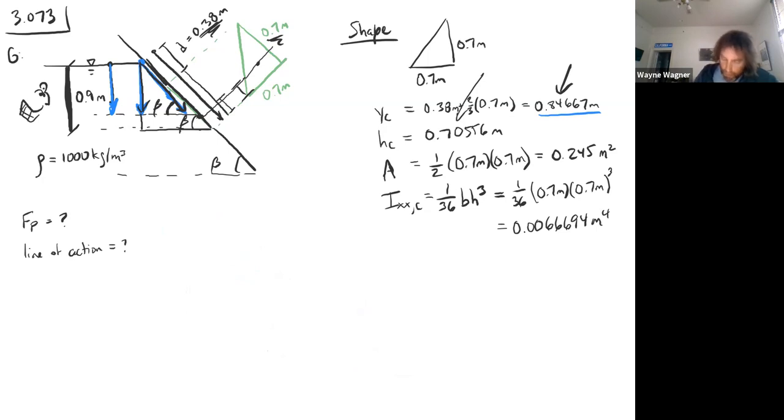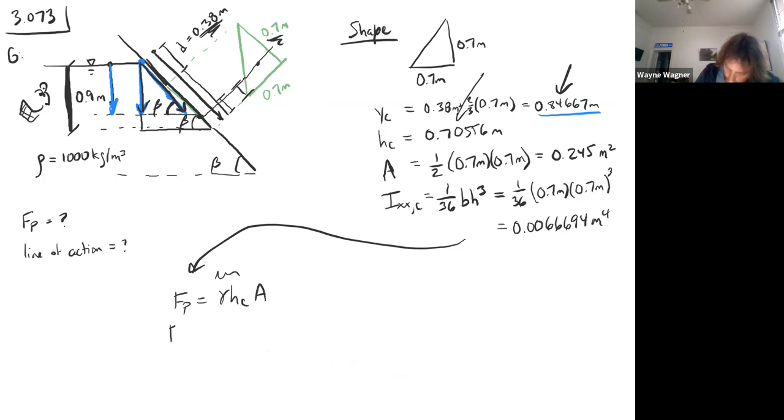Okay, so now we're going to split this out. We're going to do our two things. F of P equals gamma H of the centroid. Remember, this is the pressure at the centroid, so it's the average pressure multiplied times the area. So the FP equals gamma. We have to stop and think, what system are we in? We're in SI, so we use 9810.